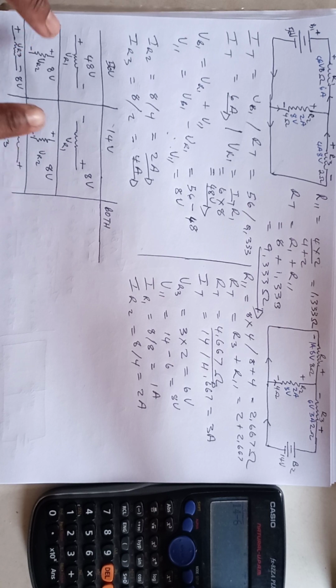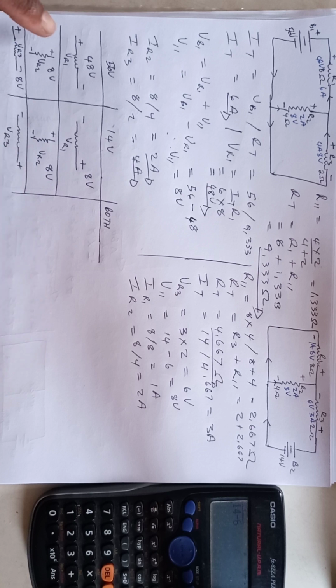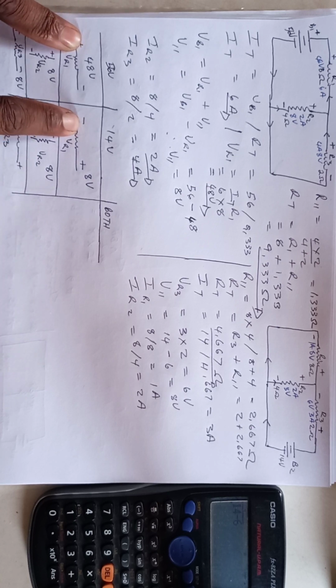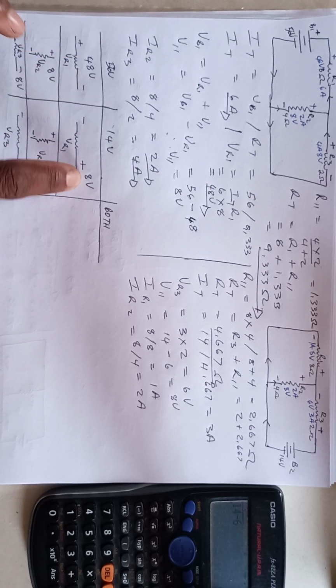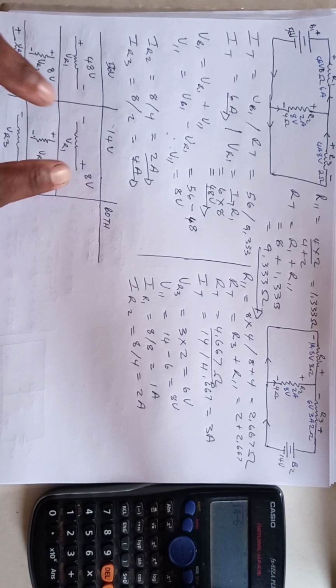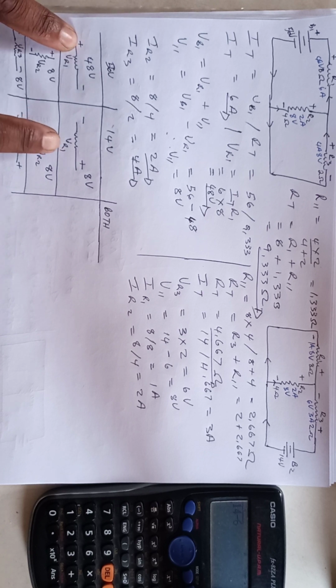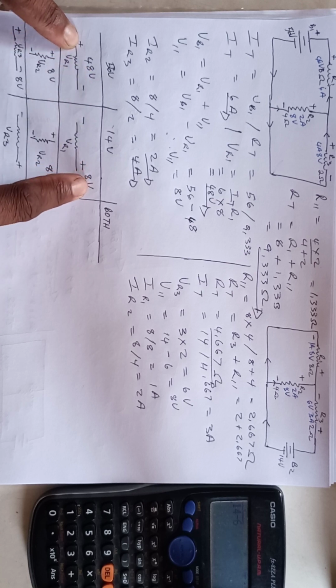So what we see here is the polarity for these resistors is not the same. Positive, negative. So when it's like this, it's going to be minus. If we had positive on this side, we needed positive on this side for us to add these voltages.